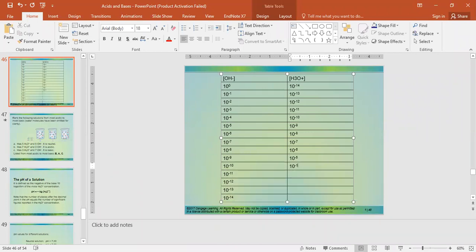This is power negative 4. This one is 2 power negative 3. This one is 2 power negative 2. This one is 2 power negative 1. And this one is 2 power negative 0.